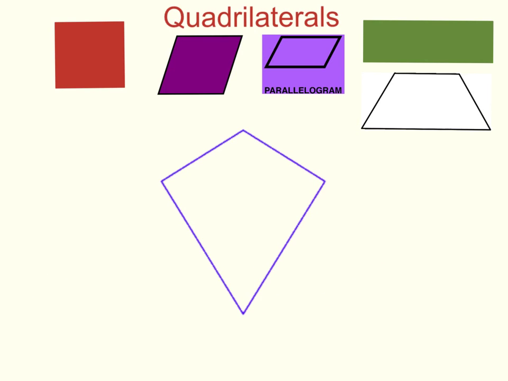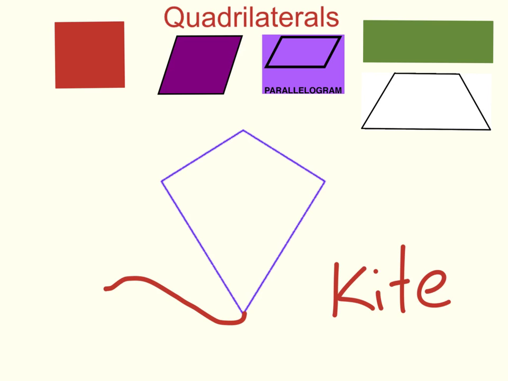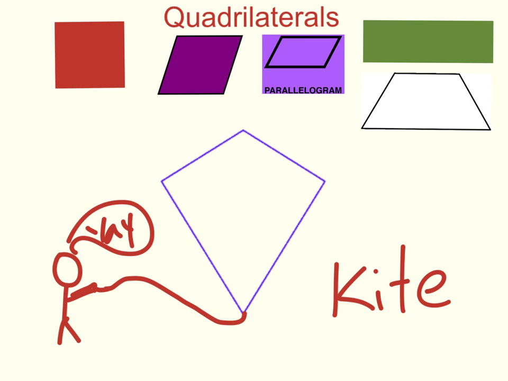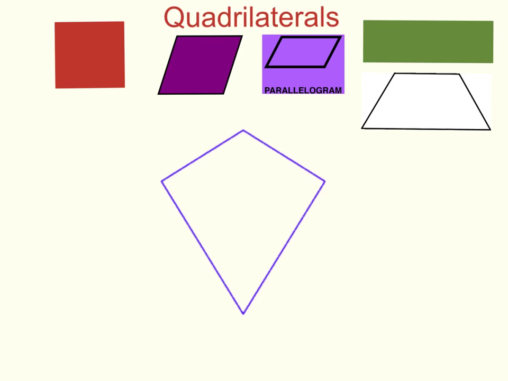The final quadrilateral I want to tell you about is called a kite. And yes, it kind of looks like a kite that a person with a string would be holding. Having so much fun. And what makes a kite a special quadrilateral is that it has two pairs of equal adjacent sides, which means that this side is equal in length to this side.